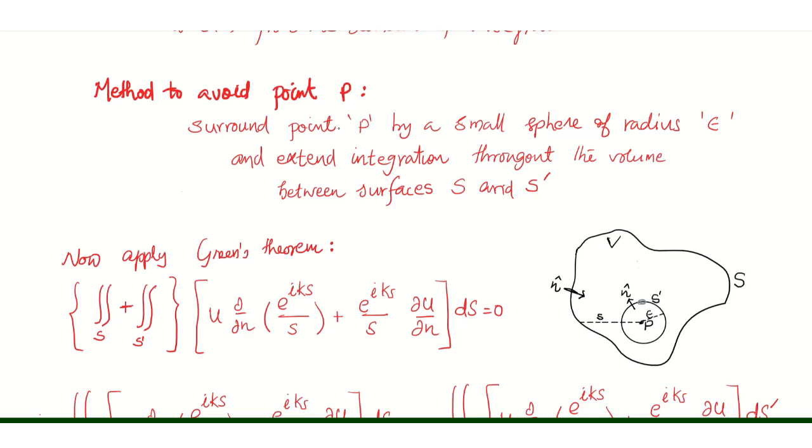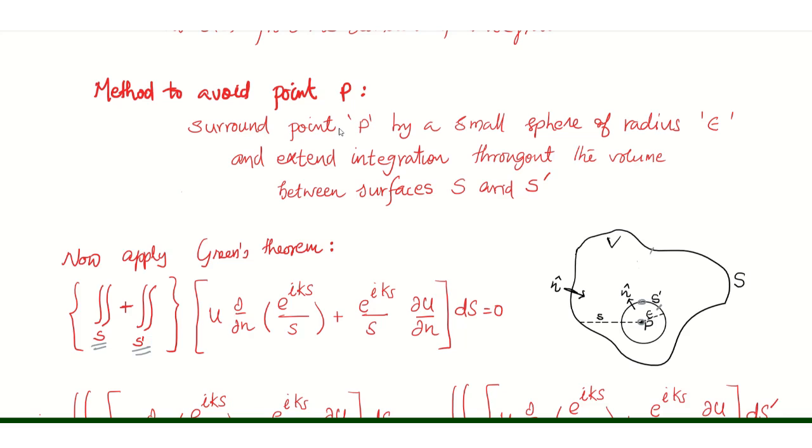Now we have two surfaces, surface S and S prime, both capital letters, and the contributions at this point P can be regarded as contributions from S plus the contributions from S prime.